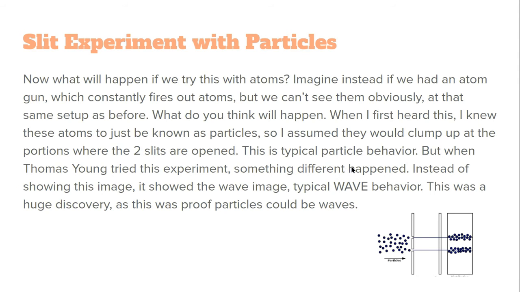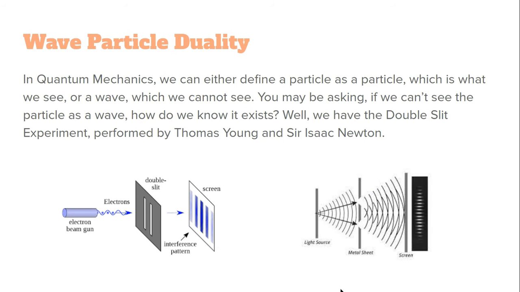But with an atom gun, this is proof that particles can also act like waves, because when Thomas Young tried this experiment, something different happened. Instead of showing this image right here, it showed the wave image, a typical wave behavior. Whenever he shot atoms, it went out like this. As I explained over here, it went out as waves, diffused, and then still formed this pattern, where you have atoms in the middle and then side, side, side, till it gets lighter and lighter.